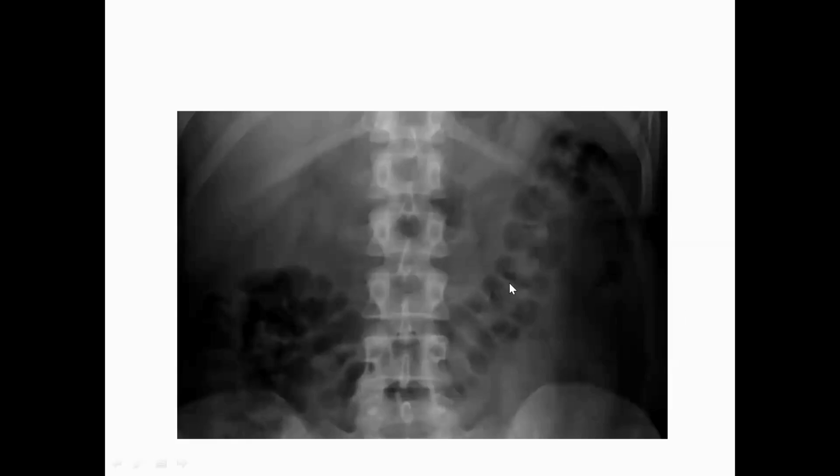If you look here, the mucosal fold is incomplete, opposite to the small bowel, where the fold extends across the full width. Here it is an incomplete mucosal fold, which forms the sacculations, what we call haustra. And the diameter of the large bowel should normally be less than 6 centimeters.